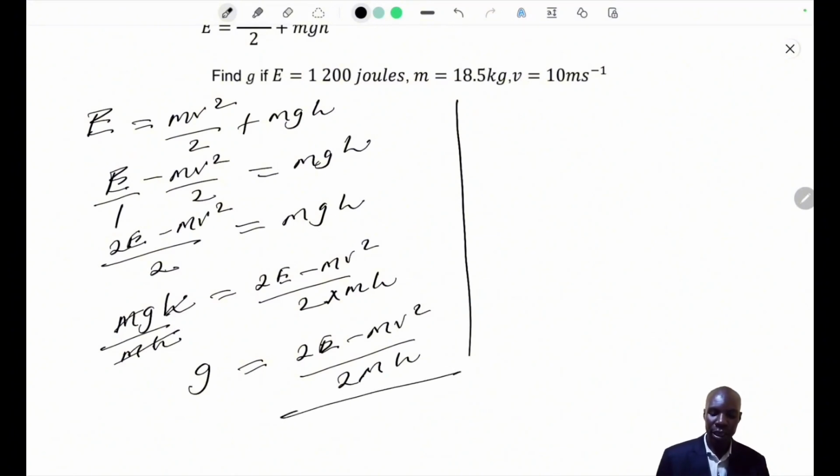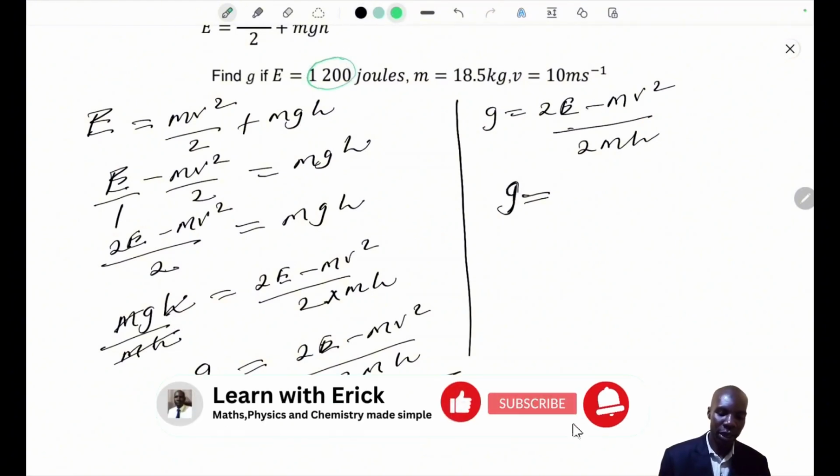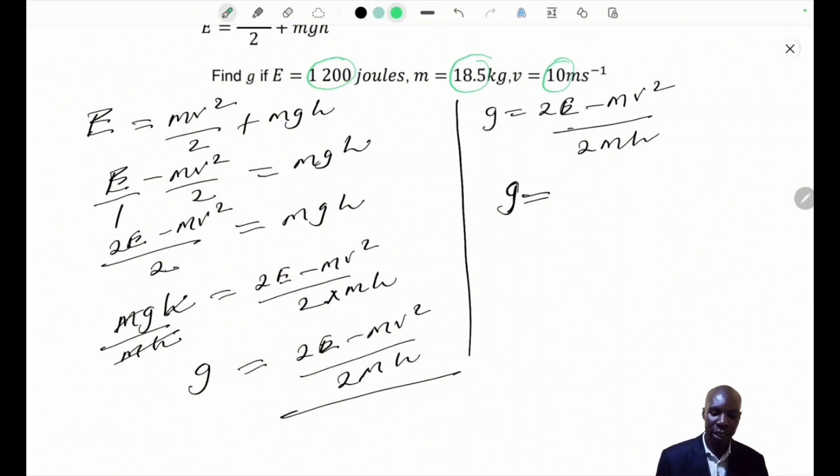So this is G, the formula for finding G. We are saying G is 2E minus mv squared over 2mh. So G alone is, if we are given E is equal to 1,200 joules, M is 18.5 kilograms, and V is 10 meters per second.